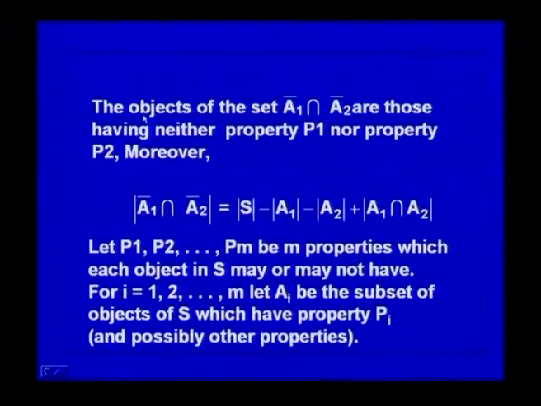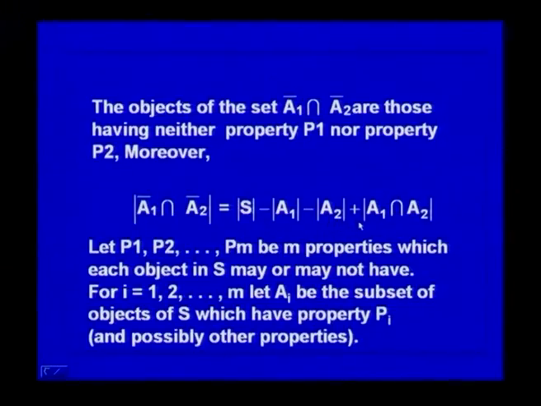The objects of the set A1 bar intersection A2 bar are those having neither property P1 nor property P2, and that is given by this formula: number of elements in A1 bar intersection A2 bar is equal to number of elements in S minus number of elements in A1 minus number of elements in A2.